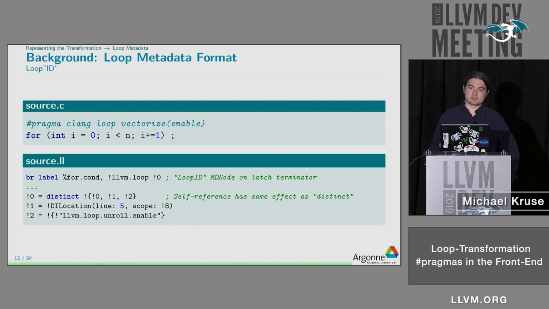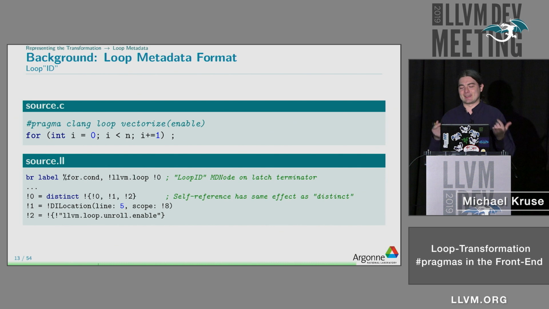It points to where this loop is declared in the source code, and also this metadata about what transformations then apply. I mixed up the transformation. It says vectorize enable, the bottom says unroll enable. This is not intentional. Sorry about that.